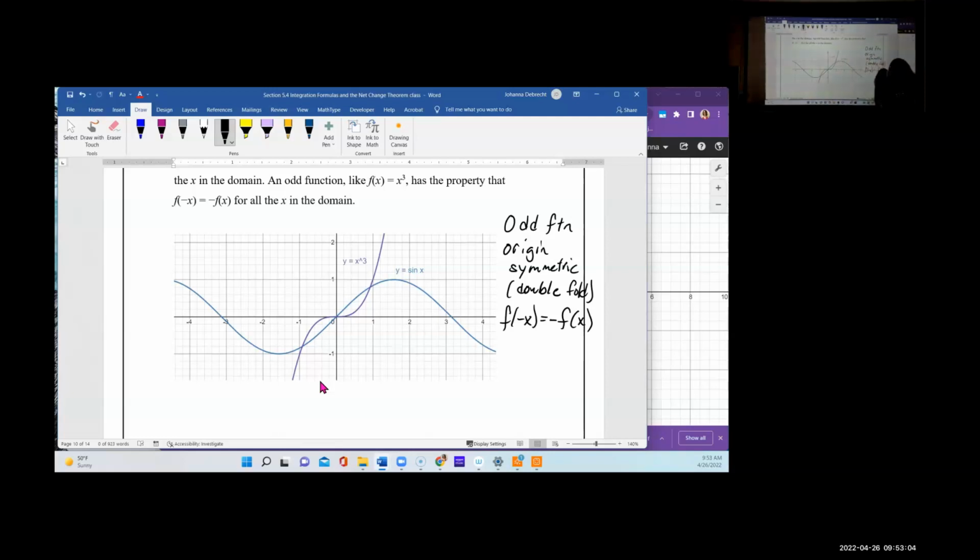So you do have a relationship. It's just that when you change the sign of the x, instead of getting the same y value, you get its opposite. So for example, on the graph, if I plug in 1 into x cubed, I get out 1. If I plug in -1 to x cubed, I don't get 1, I get -1.